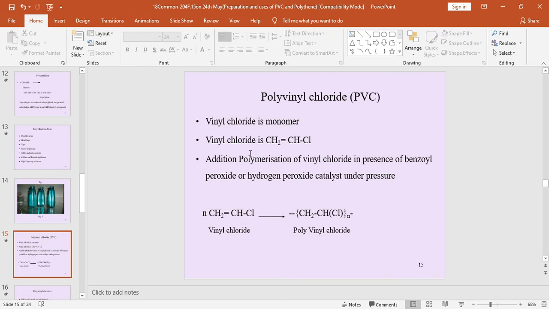Vinyl chloride is the monomer. The vinyl chloride formula is CH2=CHCl. Addition polymerization of vinyl chloride in the presence of benzoyl peroxide or hydrogen peroxide catalyst under pressure, we are preparing polyvinyl chloride.